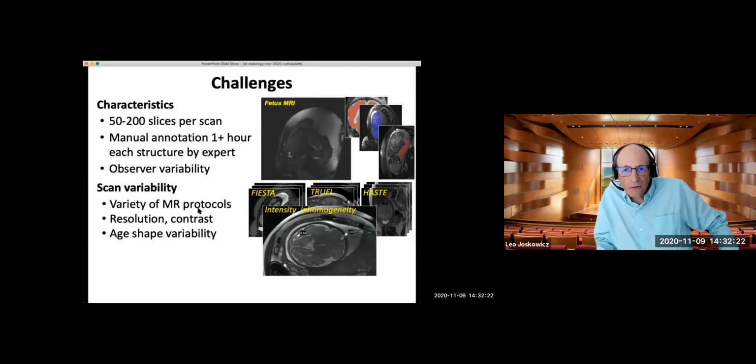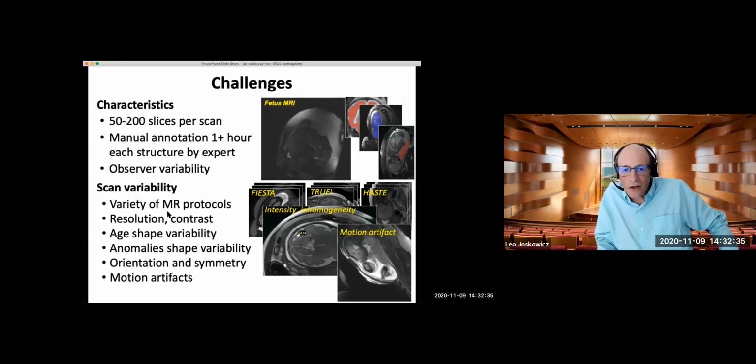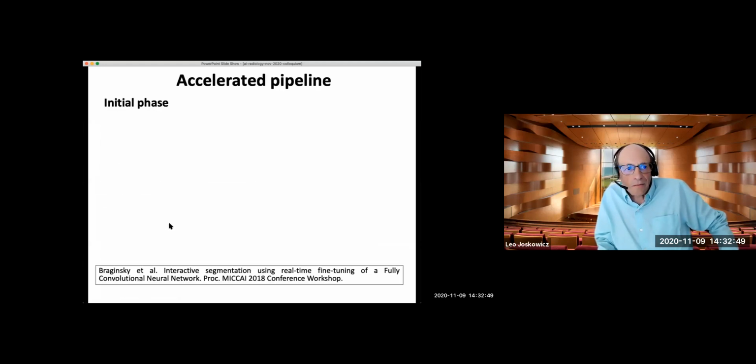In addition, for fetuses, there is a significant shape variability in the fetus and the brain, according to the gestation age. And you have anomalies because, of course, you're looking for pathology. And many other problems. And of course, you have class imbalance because you're going to train a network, but you don't necessarily have the luxury of scanning many healthy fetuses, for example, or those with a certain pathology.